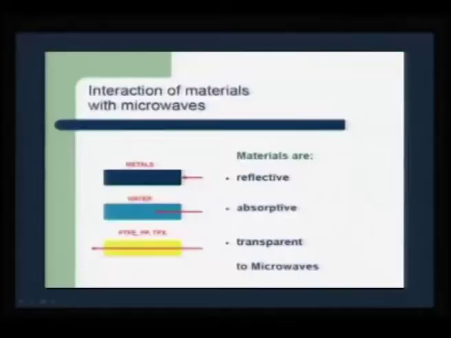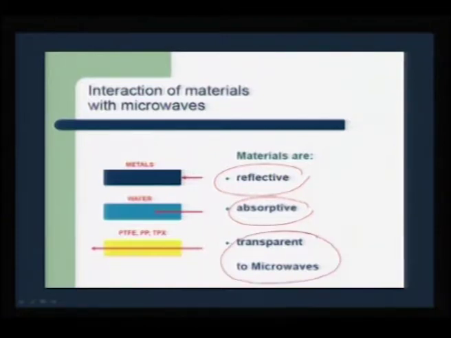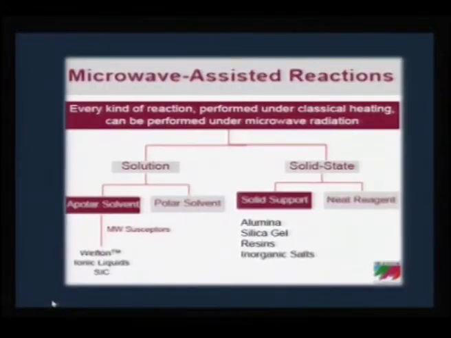And as a result, we can say reflective ones are metals, water is a very absorptive material, and those which are transparent to microwaves are polymers. Polymeric stuffs are microwave transparent, therefore, you can use that as containers. Now, every kind of reaction performed under classical heating methods can be performed under microwave radiation.